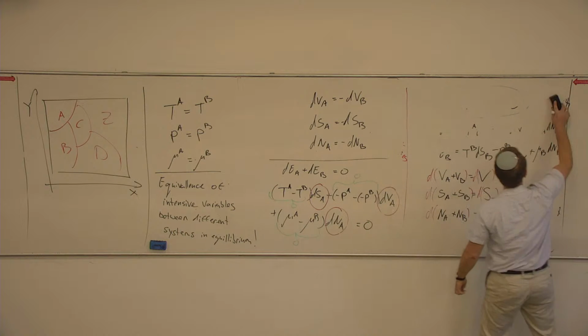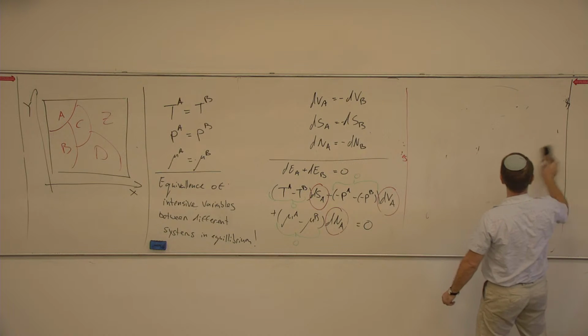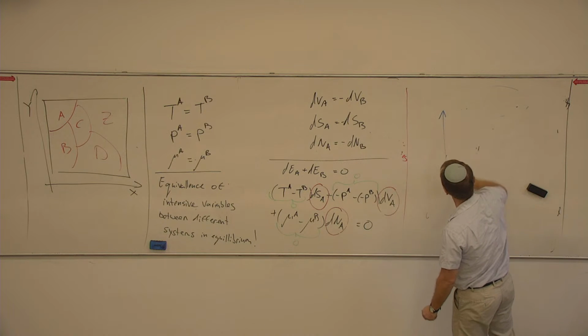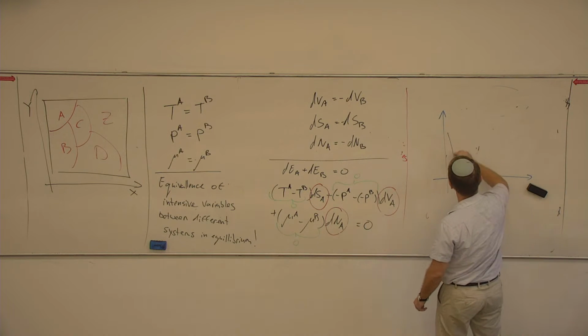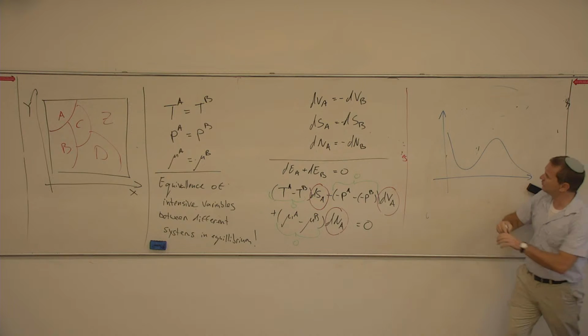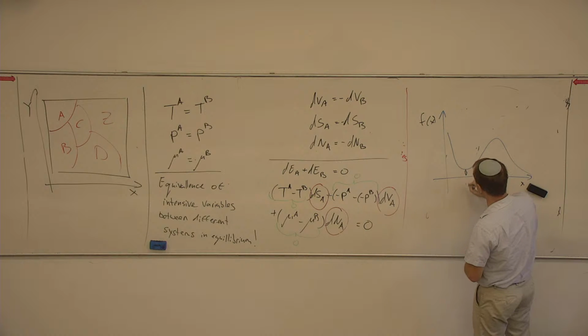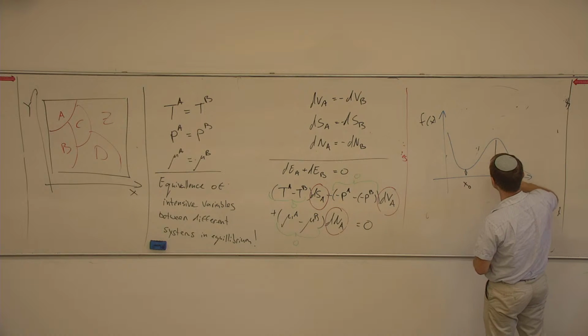So when you look at a function, any function in general, let's assume that it has a minimum. At this point, the function of x is minimal for x0, and this is x1.